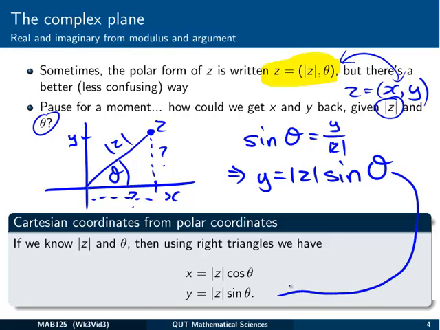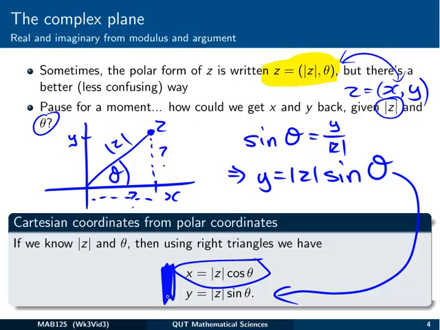That's exactly what I've written down here in this little rule box. You can do the same thing. Cos of theta is x over the modulus of z. Gives you that x is mod z times cos of theta. So in other words, if we know the modulus and the argument, we can figure out again what x and y are in the Cartesian form using right-angled triangles and Pythagoras and trigonometry.